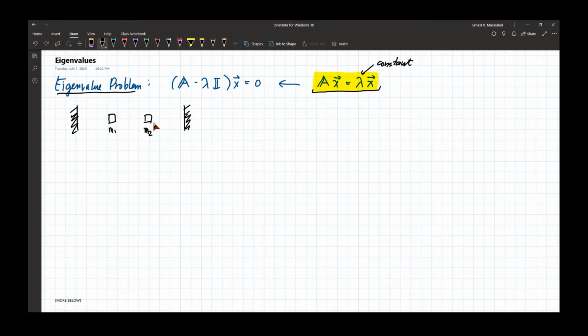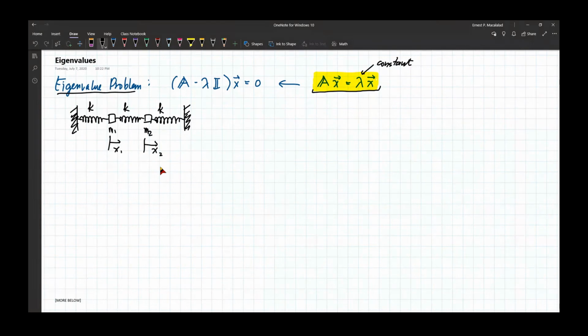So let's say we have M1 and M2, connected by these three springs, where the three springs have the same spring constant K. Because we have two particles, these two particles will have two distinct position functions, x1 and x2, and this is what we're going to solve here.